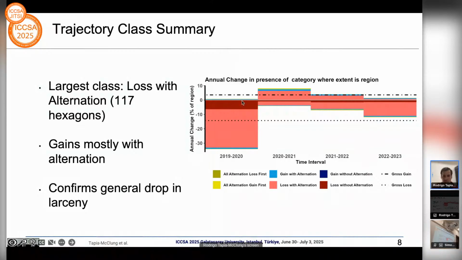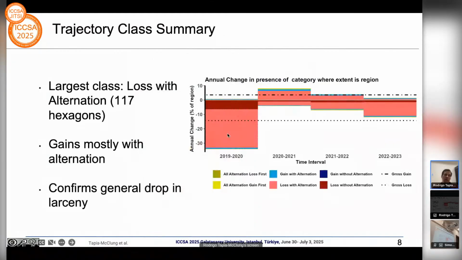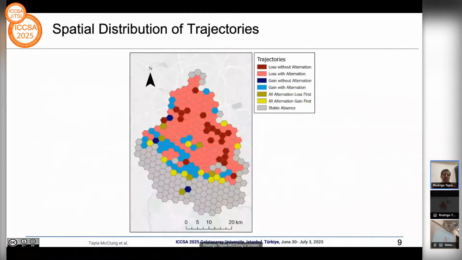And the next one, when we see the spatial distribution of trajectories, there is a very interesting trend here that we do not see overall in this bar chart, but when we plot them in space, then we can see very interesting things happening. All this part here at the bottom is mainly conservation areas.